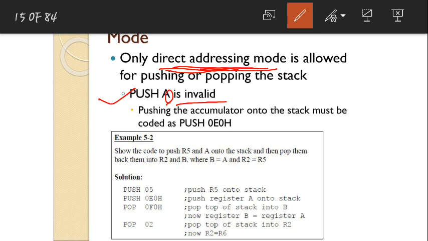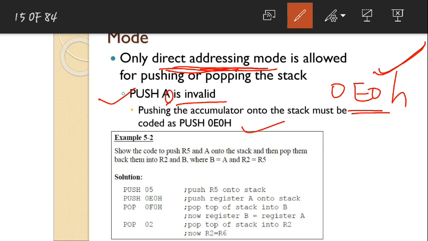So instead of writing A, I can write 0E0H. This is a direct address. Now if I write push and a direct address, this will be a valid instruction. So pushing the accumulator onto the stack must be coded as 0E0H.